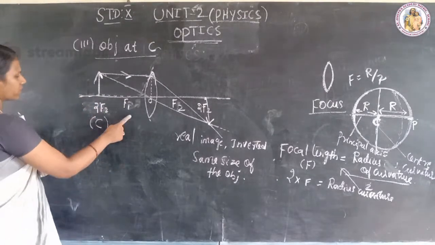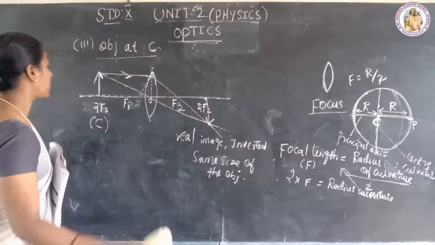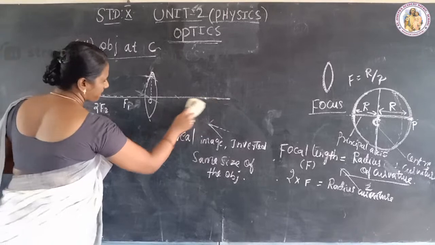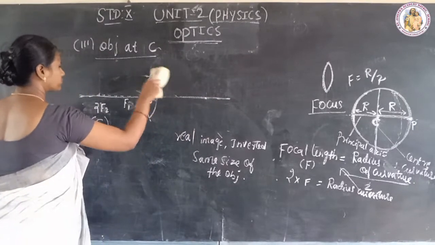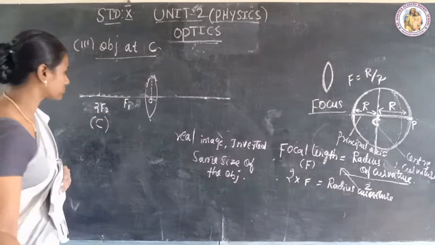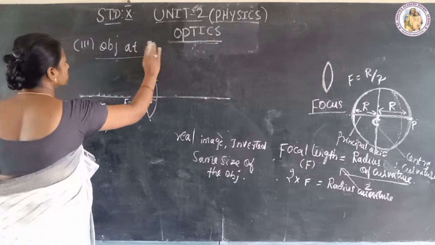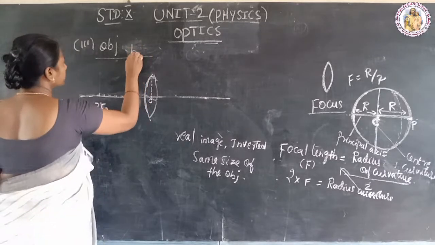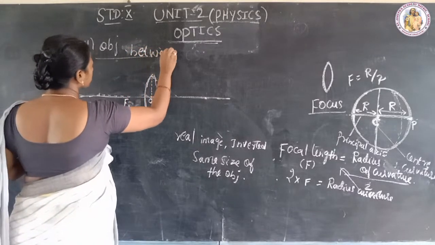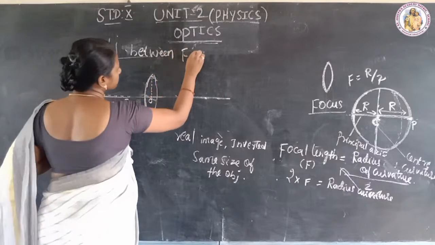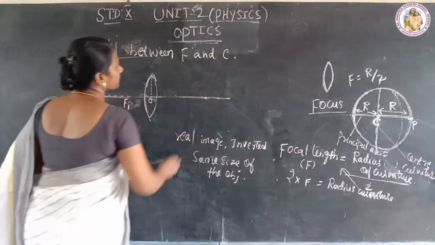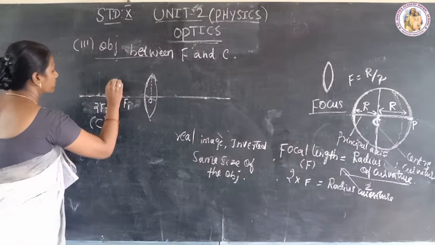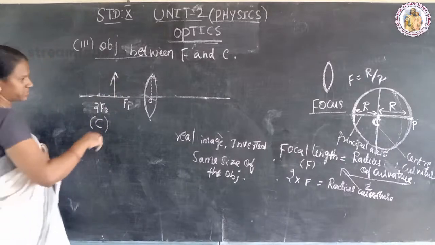So this time the object is placed between F and C, that means this is C and this is F. In between, I am going to place the object.